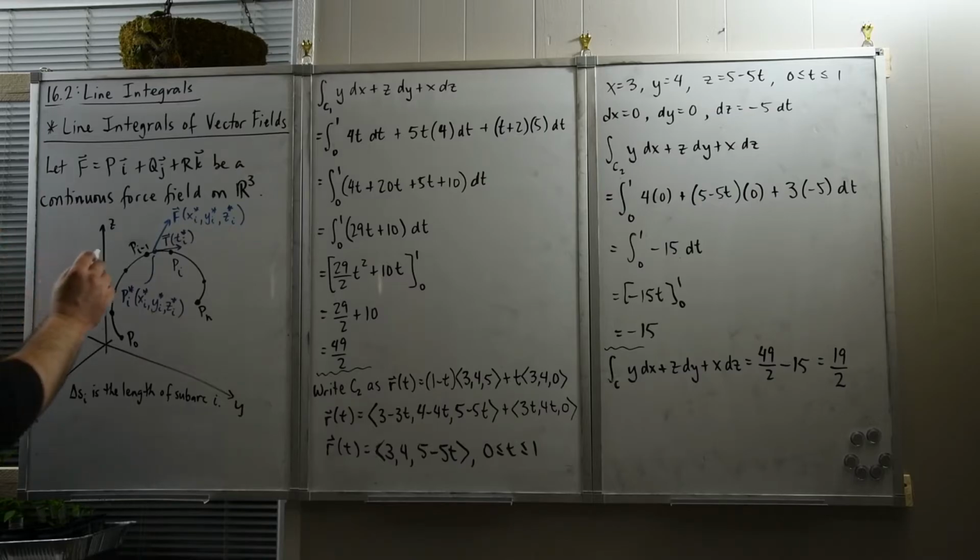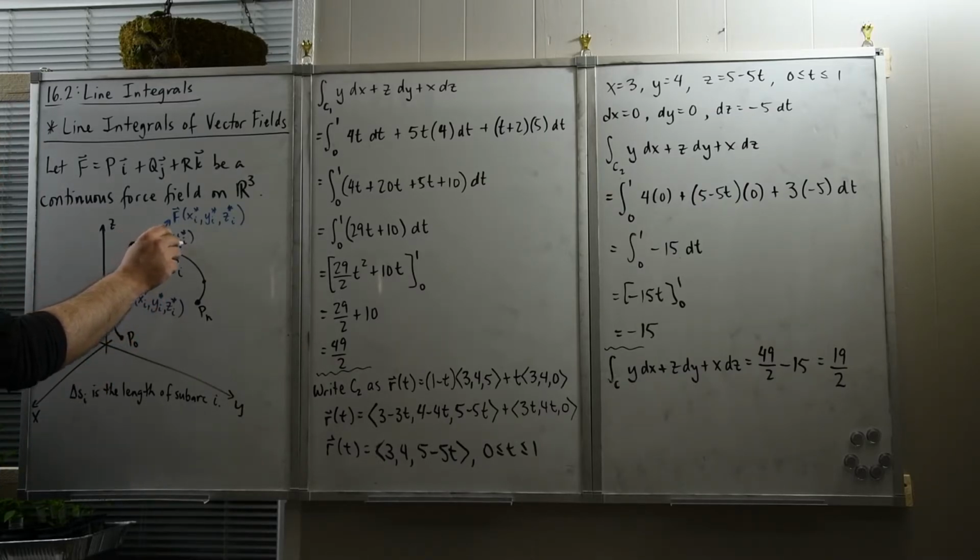And so we think about our displacement vector as this unit tangent vector evaluated at Ti star times delta Si. Now, that gets dotted with our force vector. What is that actually going to give us?